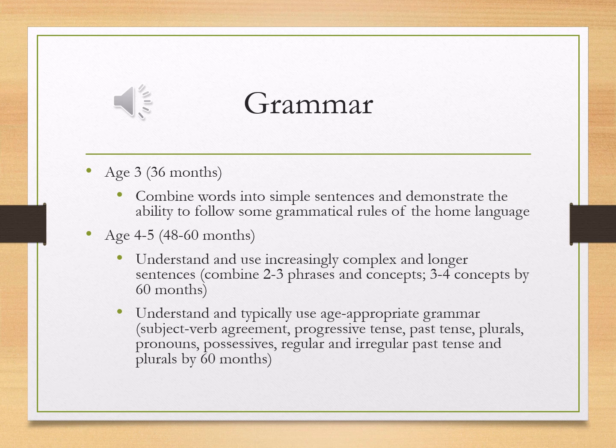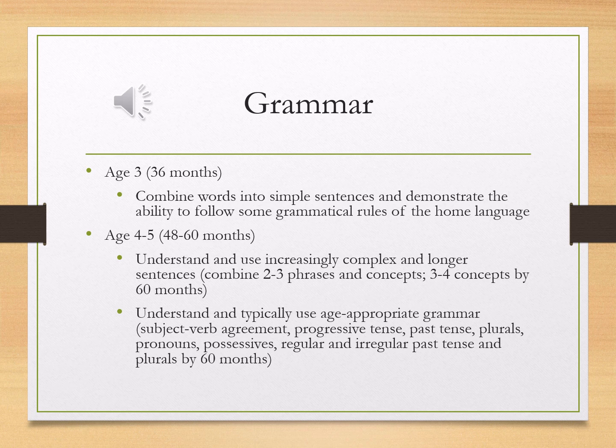They should also be able to use quite a bit of age-appropriate grammar. So they should have subject-verb agreement. Those things should line up together. So, past and present tense, using plurals correctly, incorporating pronouns, using possessives, regular and irregular past tense and plurals.